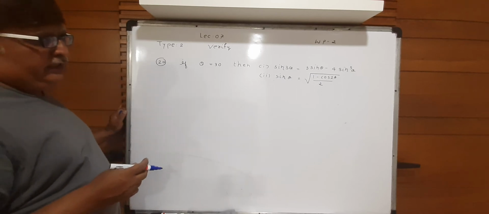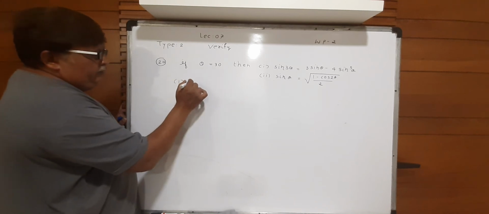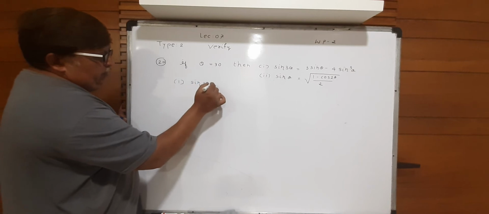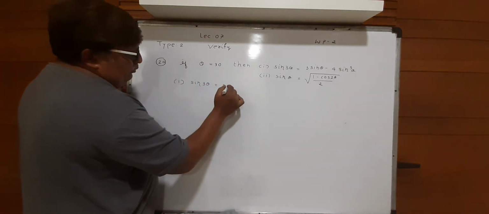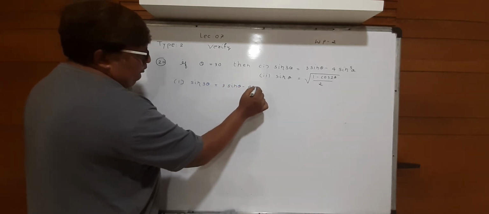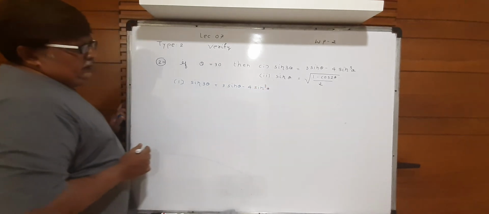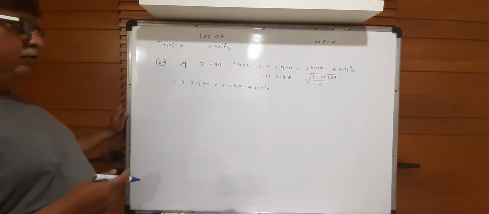So let us target the first one. What is first one? What we have to prove? Sine 3 theta equal to 3 sine theta minus 4 sine cube theta. Okay, this is what we have to prove.